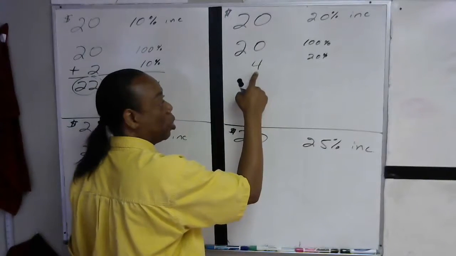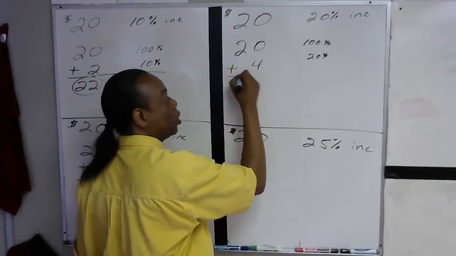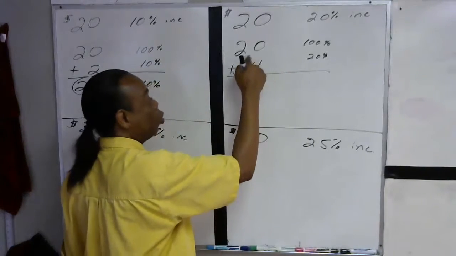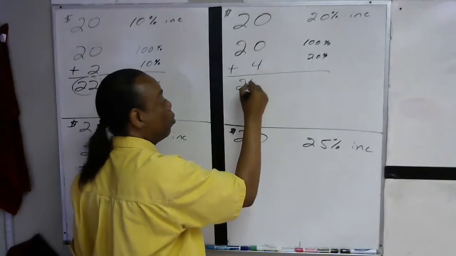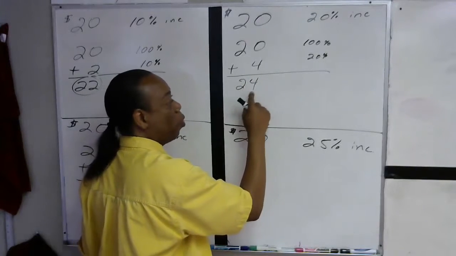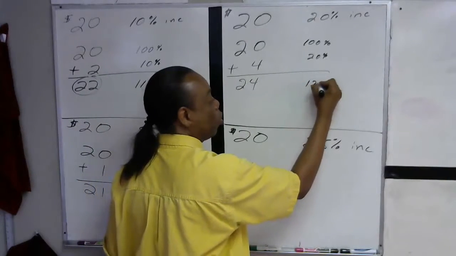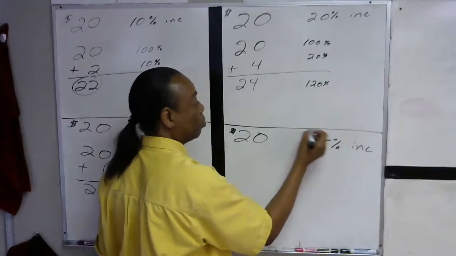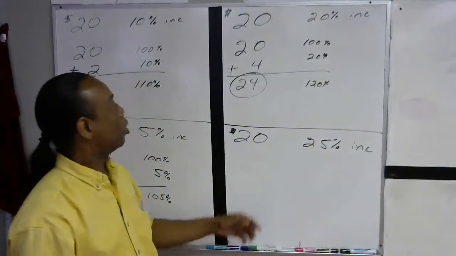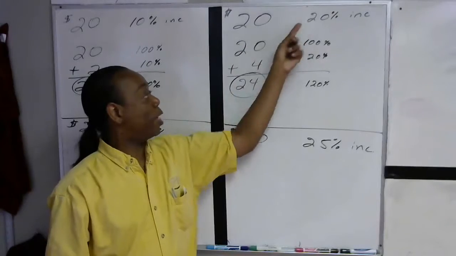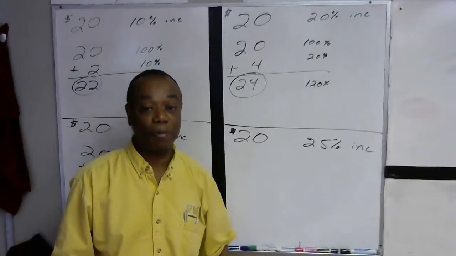So that's 20%. Let's increase it by adding it together. And 20 plus 4 gives you 24. Okay, 24 represents the new amount, which is 120%. So I just increased 20 by 20% and got 24.